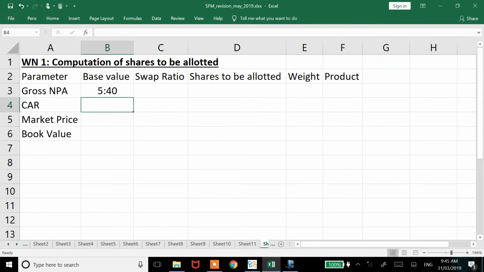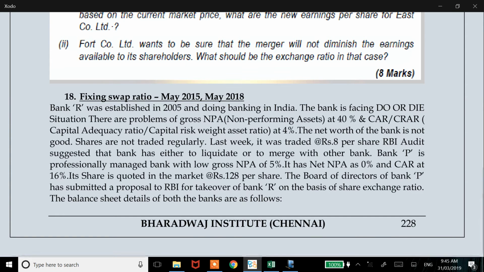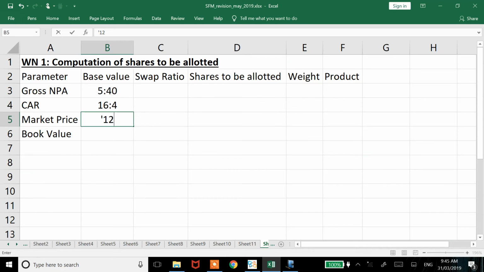Capital adequacy ratio, 16 is to 4. Market price, 128 is to 8.